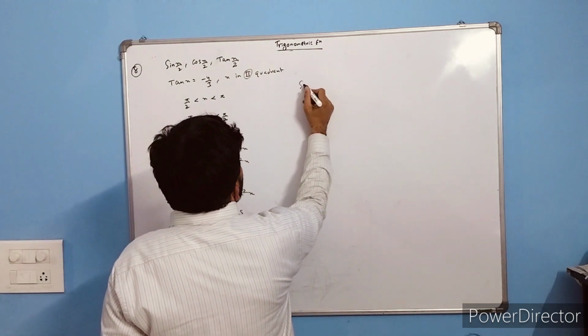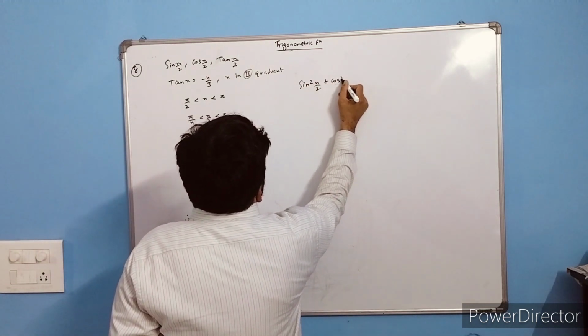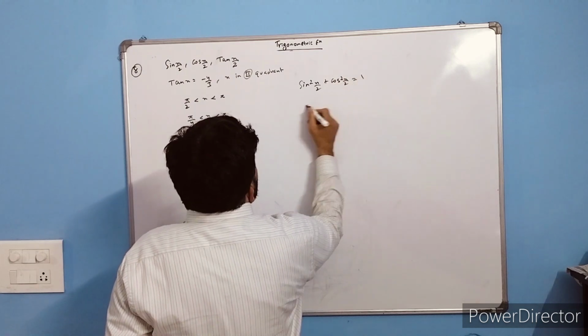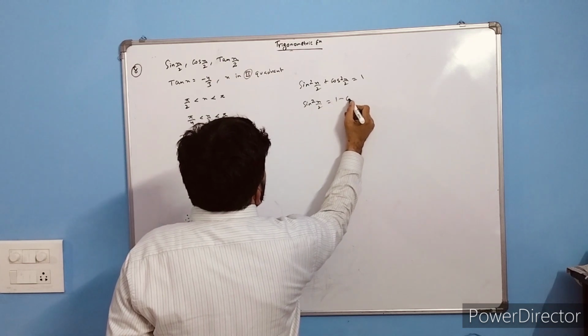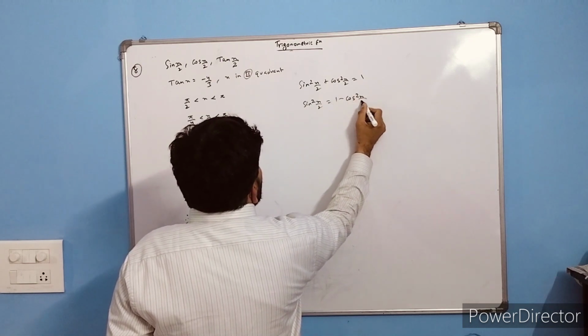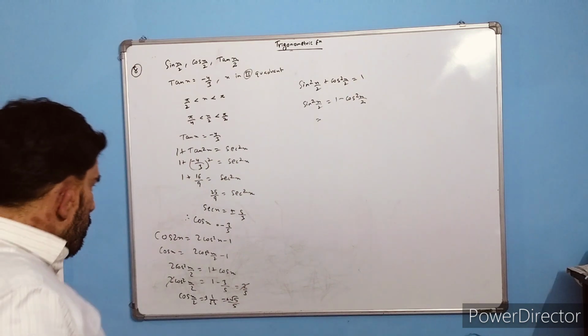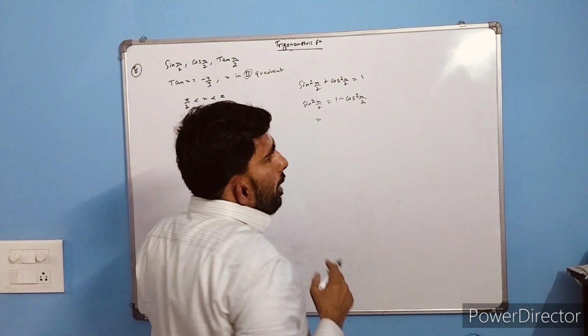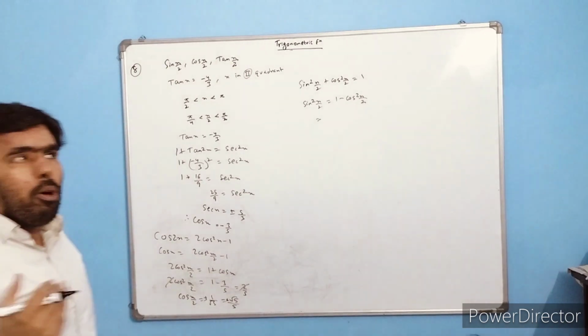Now we will find the value of sin square x by 2. Sin square x by 2 plus cos square x by 2 is equal to 1. So sin square x by 2 is equal to 1 minus cos square x by 2. Now you can see this numerical is totally different from the previous 7 which we have solved.